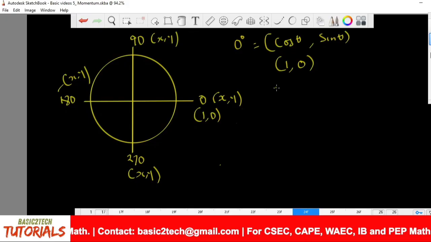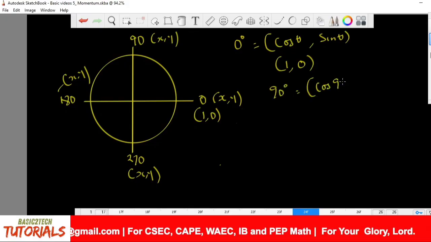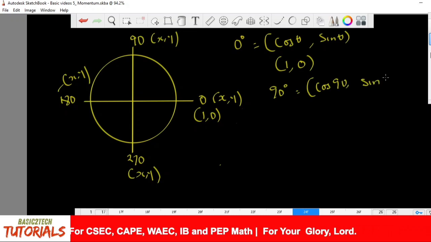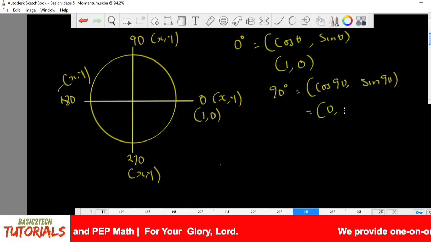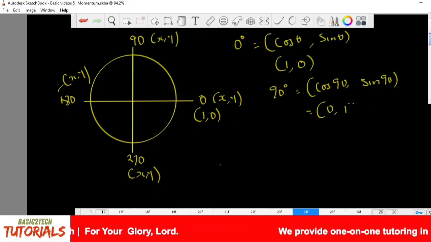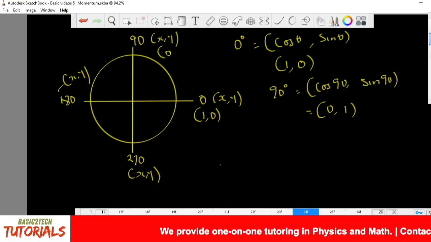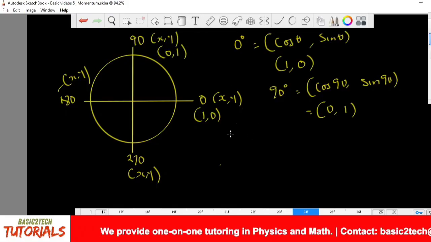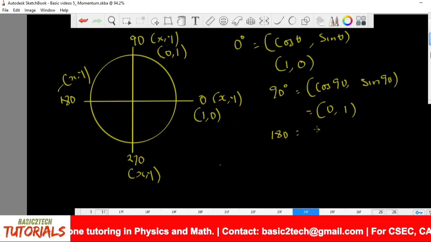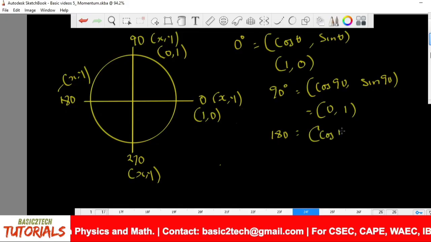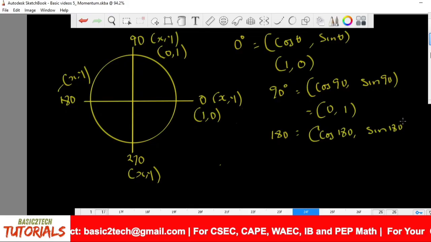At 90, we have cos 90 and sine 90. Cos 90 is 0 and sine 90 is 1. So it means that at 90, the coordinates are (0, 1). At 180, we have cos 180 and sine 180.